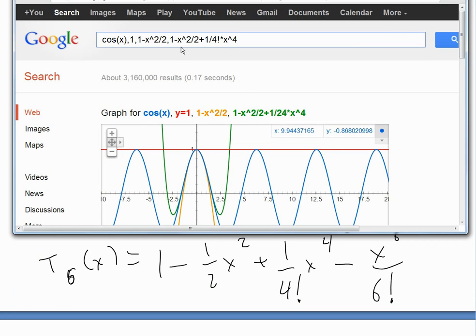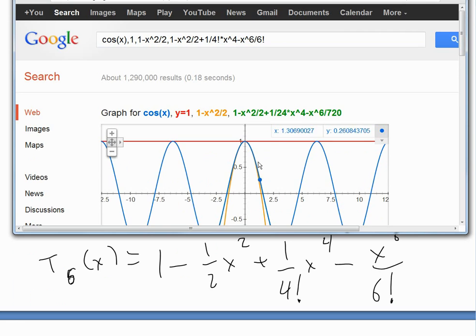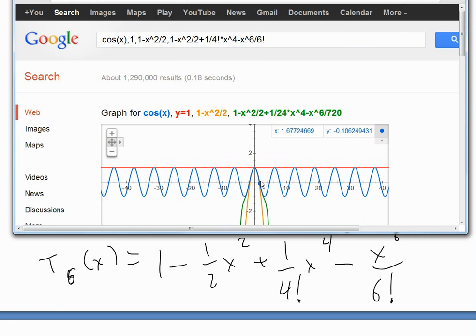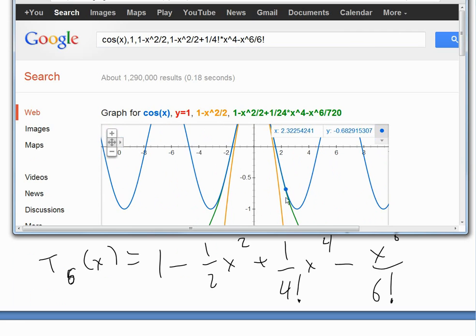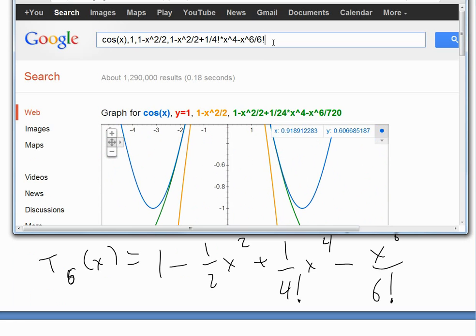Let's just add further points to this one. 1 minus, this one is x to the 6 divided by 6 factorial. Yeah, and this part here is closer all the way up to here. Let's just keep going further.